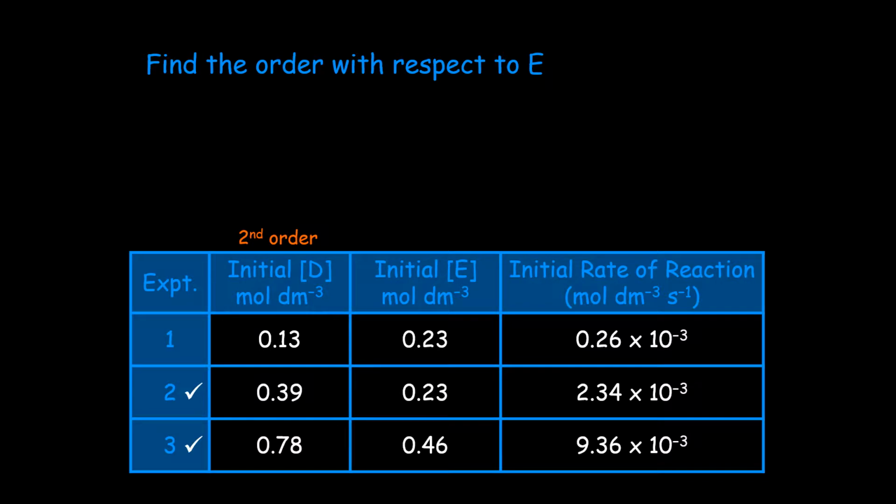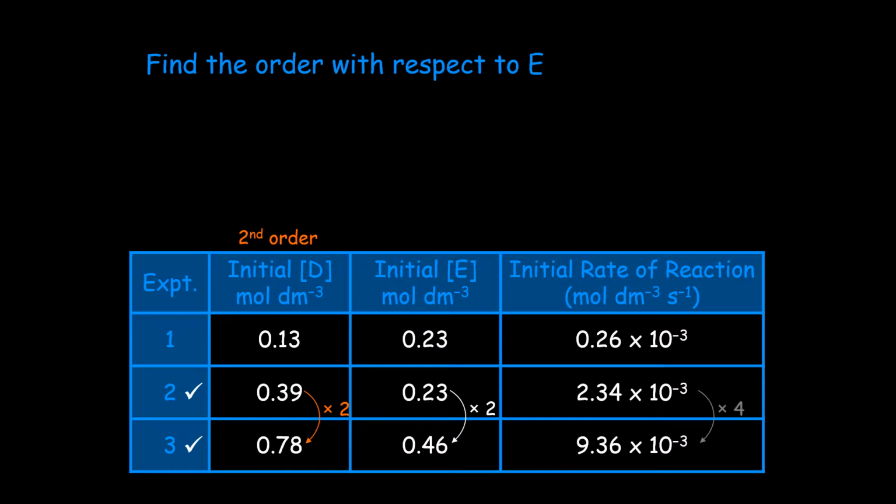Now let's see the effect of D on the rate first of all. So we're doubling the concentration of D, which will make the initial rate go up by 4 times. Now we're doubling the concentration of E, but there is no effect on the rate, so therefore it's going to be 0 order.